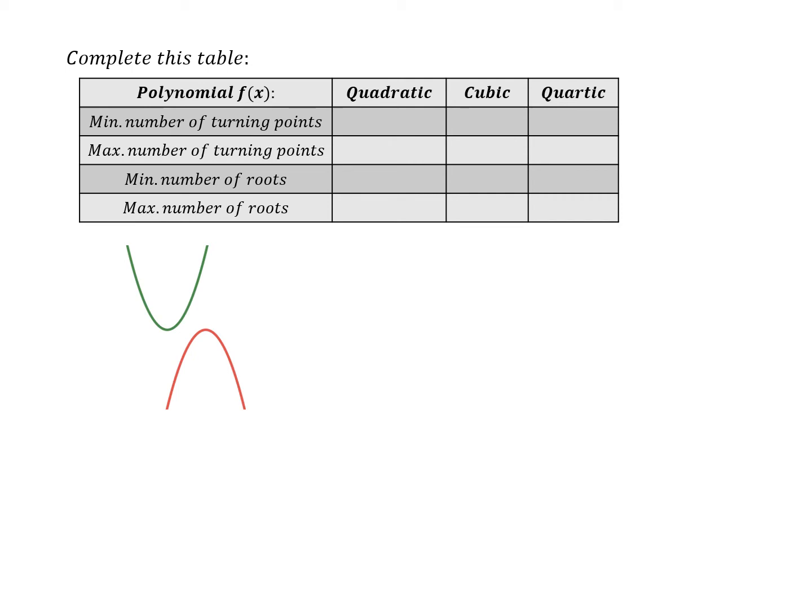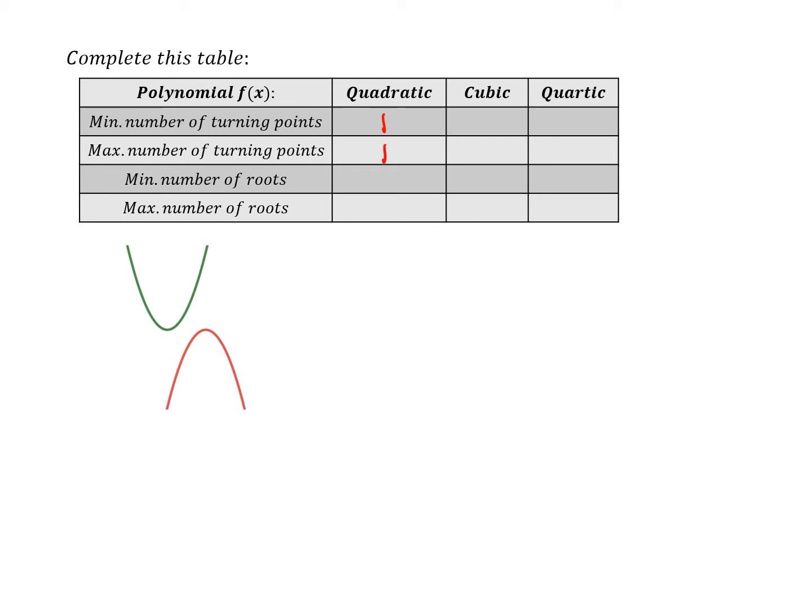So all quadratic equations, when we graph them, are parabolas, and depending on whether the coefficient of x squared is positive or negative, we either get the green or the red line. We must have one turning point, but we can't have more than one turning point.